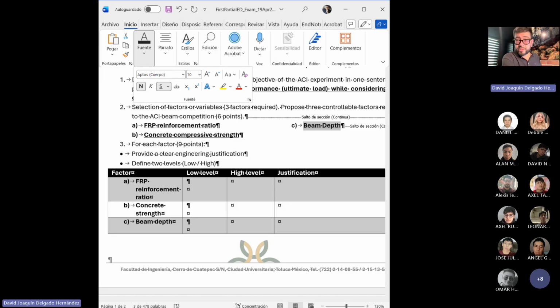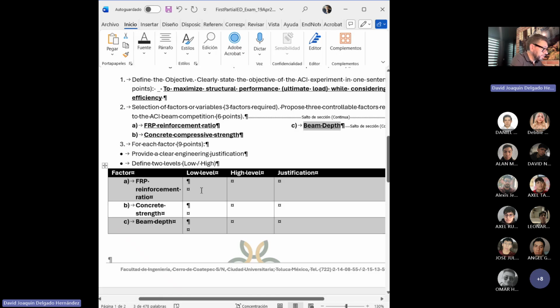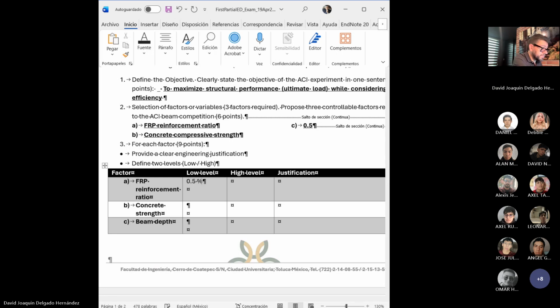So here you had to propose some values for the low and the high level of each variable so that you could carry out some exercise later on. So let's suppose here you could propose this ratio to be 0.5%.